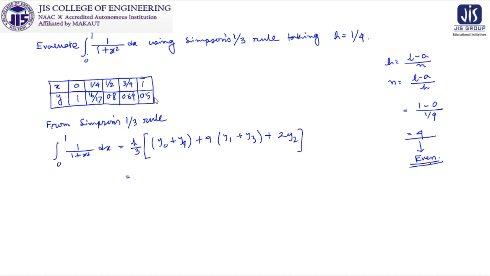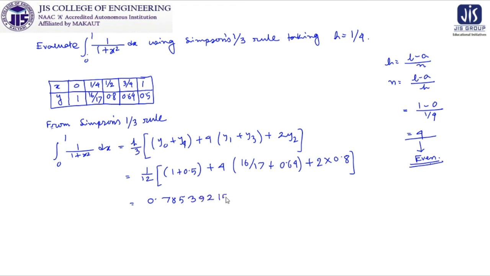If you need, you can identify or denote these functional values like you have done in the trapezoidal rule. Now just some calculation is left, so we can do it, and finally if you calculate it, you will get 0.7853921156.